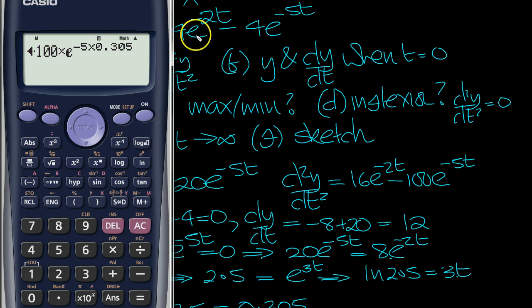It's 4 times e to the minus 2 times 0.305, minus 4 times e to the minus 5 times 0.305, equals 1.30.